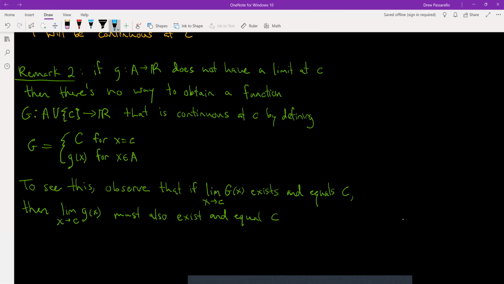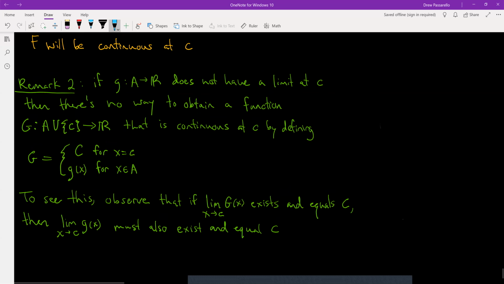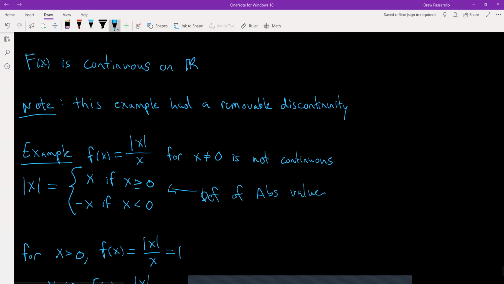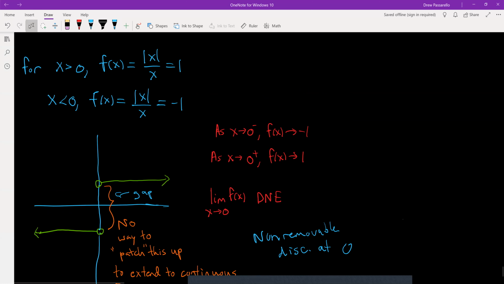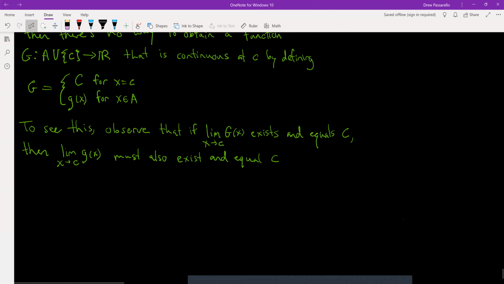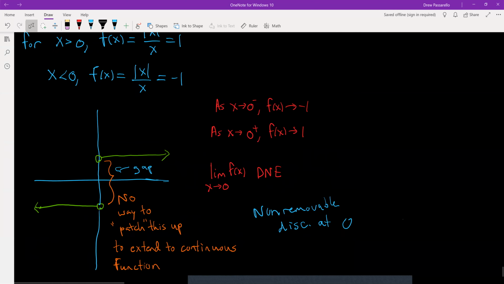All right, so those are the two remarks for two different discontinuities, but one of them we were able to extend to a continuous function, and the other one we cannot if we use the same thought process.